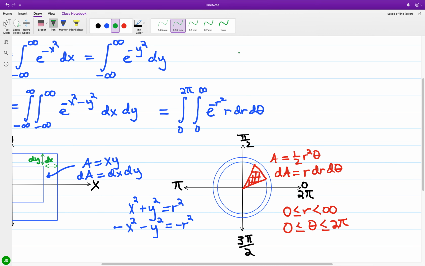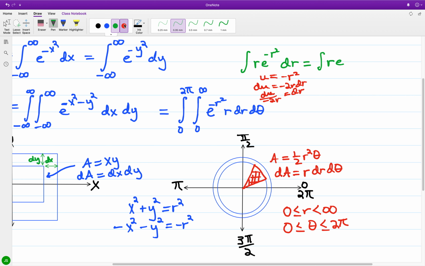So just looking at the inside integral, the integral is r times e to the negative r squared dr. If you think along the lines of substituting, you have u equal to negative r squared, du is equal to negative 2r dr, and du over negative 2r is equal to dr. So in the integral we have r times e to the u, and for dr, du over negative 2r.